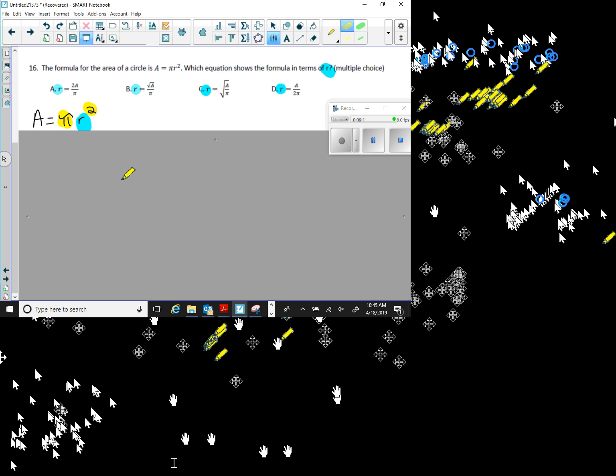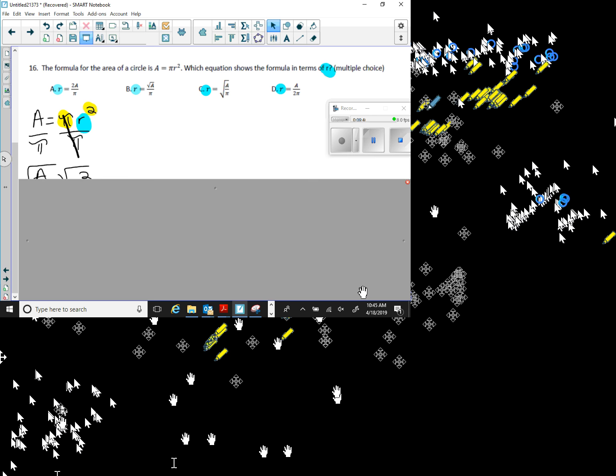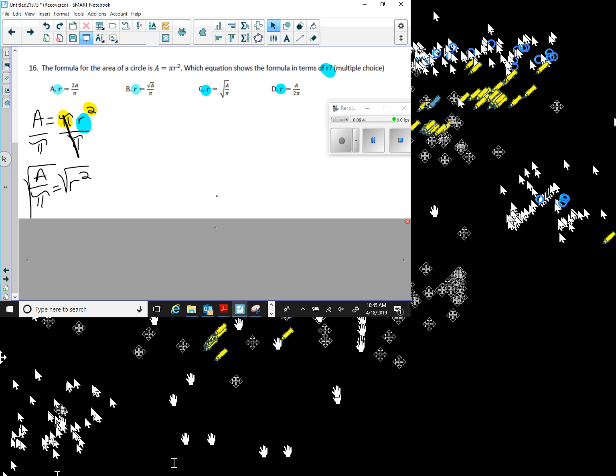That's multiplying. What is the opposite of multiplying? Dividing. So what can you divide by here? You're going to divide by pi. When you divide by pi, those cancel. Okay, so you're left with A divided by pi equals r squared.